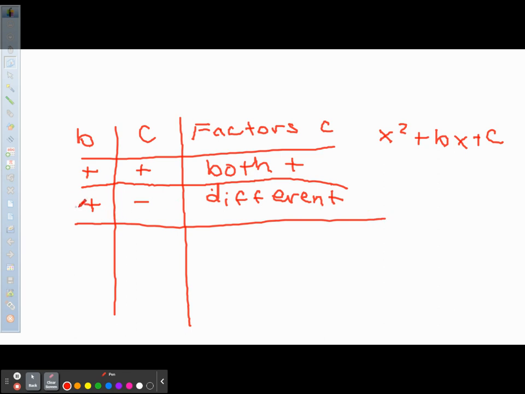Now find one where B is negative, but C is positive. What are the signs of the factors?